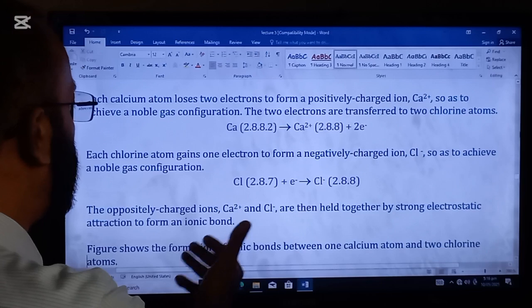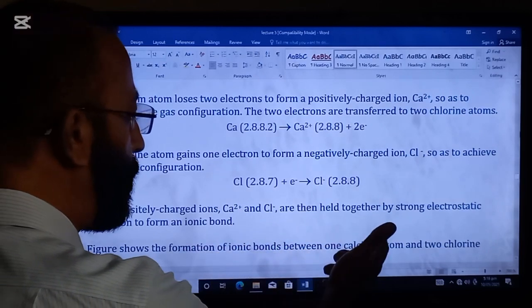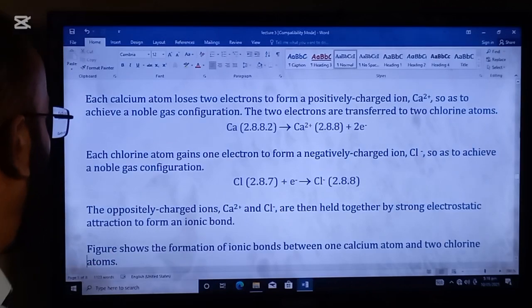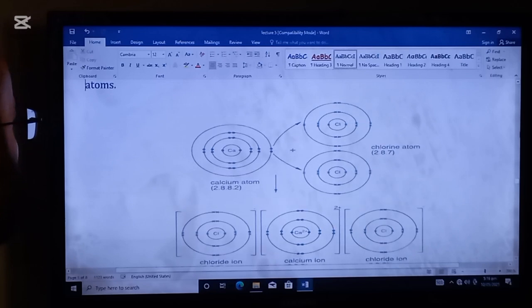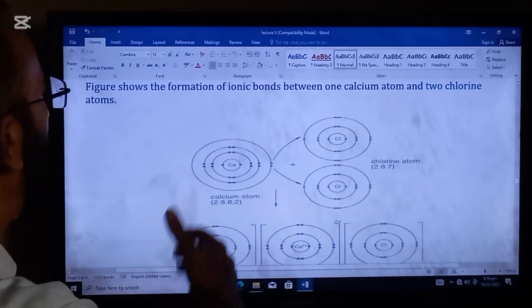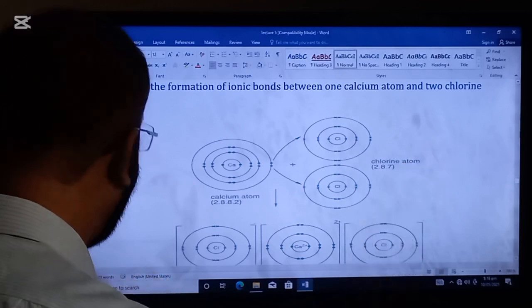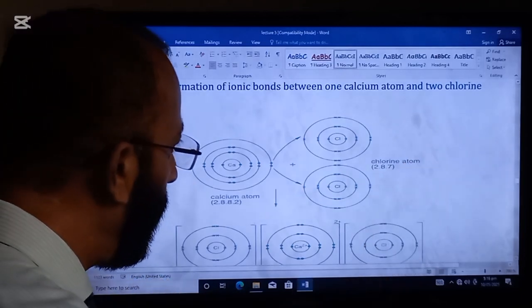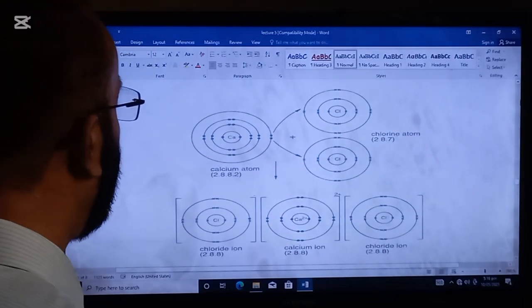The oppositely charged ions Ca2+ and Cl- are then held together by strong electrostatic attraction to form an ionic bond. The figure shows the formation of the ionic bond between 1 calcium atom and 2 chlorine atoms. And here is the diagram.